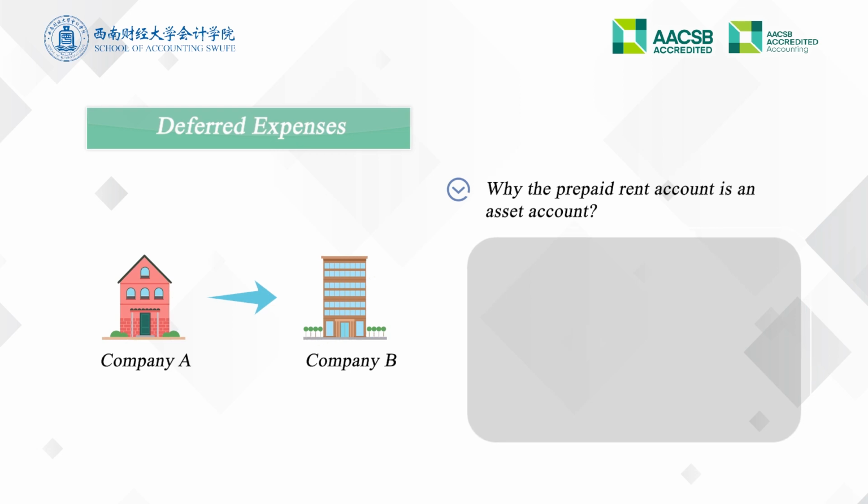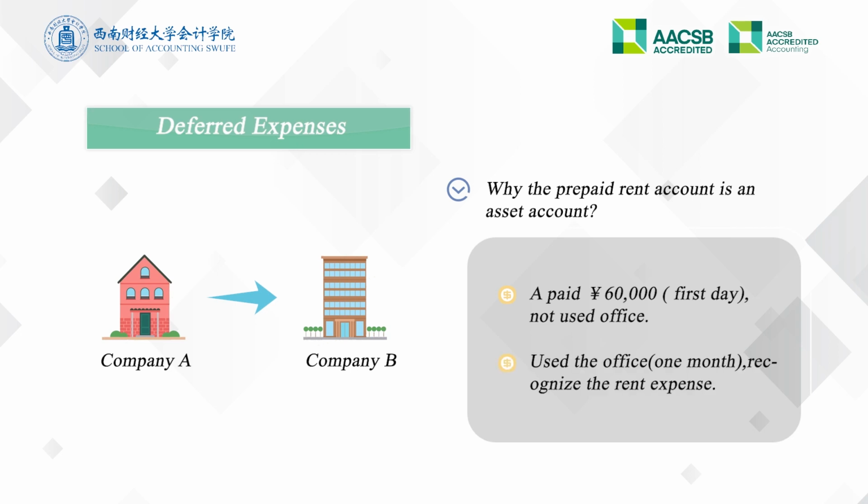The logic is, when the company A paid 60,000 yuan in the first day, it has not used the office yet. Only after it used the office for a certain period, let's say 1 month, can it recognize the rent expense.